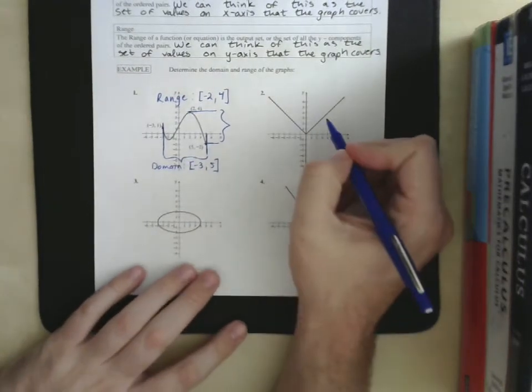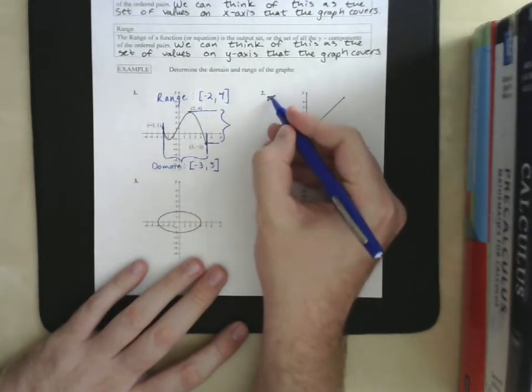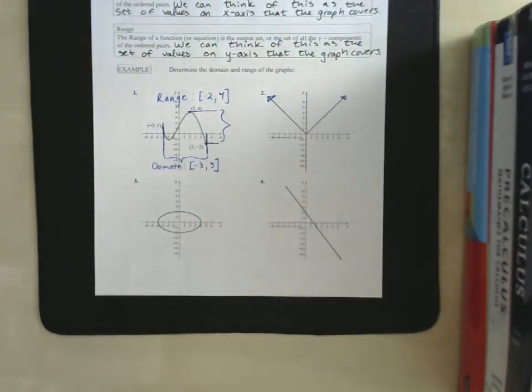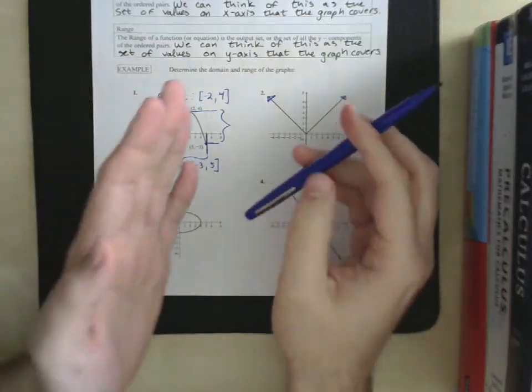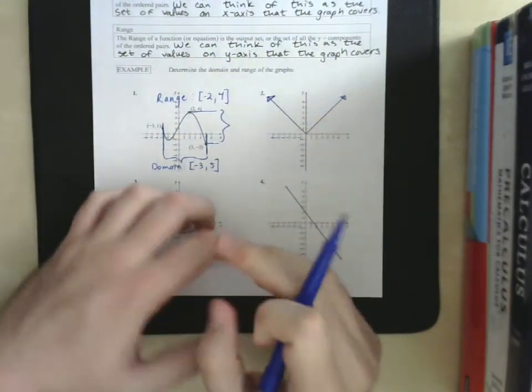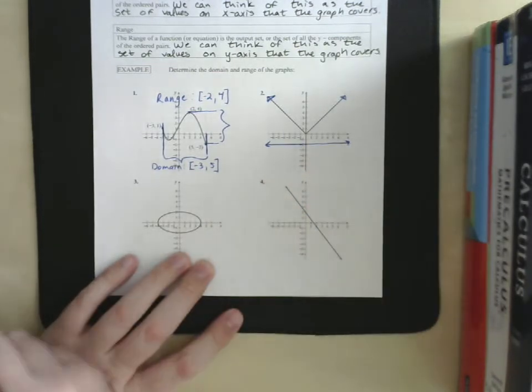For the second one, when we're looking at these arrows, it implies that it keeps going on forever. So this keeps extending out this way forever and ever, and this way forever and ever. So we can imagine that the domain just keeps going and never stops.